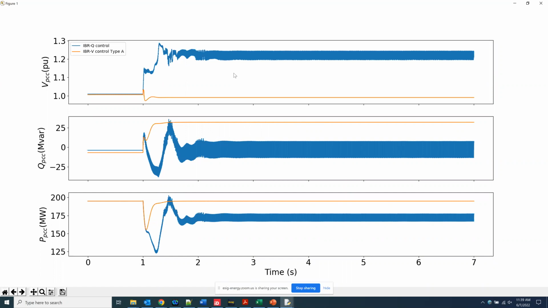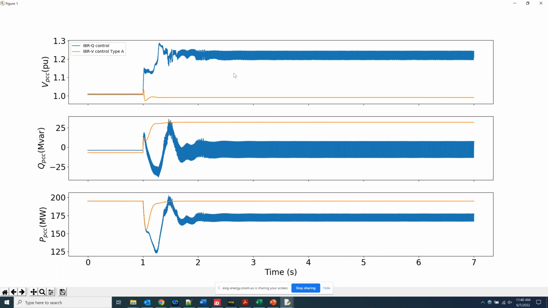But conceptually, when you have Q control at the inverter level, when you try to force the inverter to control the amount of Q, even though it might have a slow reset voltage control through the plant controller, you are increasing the chances of instability that might come up as you have lower short circuit strength. But when you move to fast voltage control at the inverter level, and we'll show you later on that some of the new grid forming concepts, essentially what they are doing is fast voltage control, if you dig into how the controls are structured.